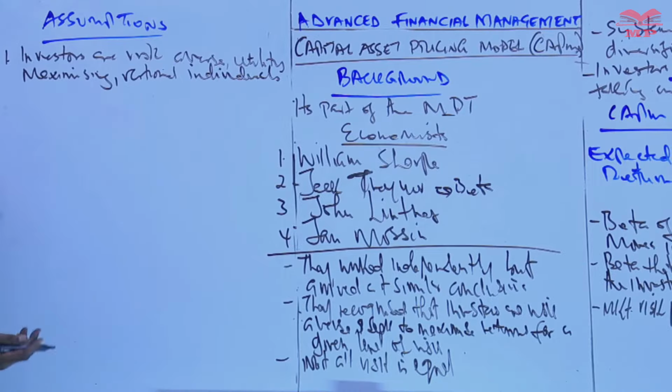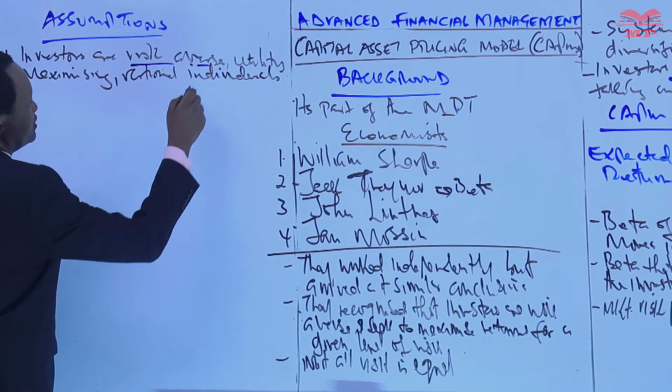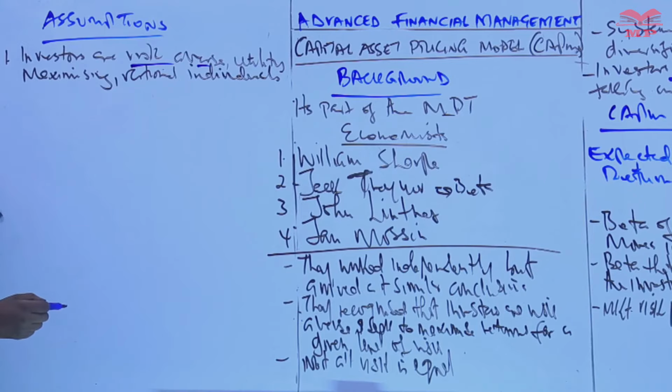So investors prefer, under this model, higher returns to lower returns. Investors prefer less risk to more risk. So we are just describing risk aversion and utility maximization.